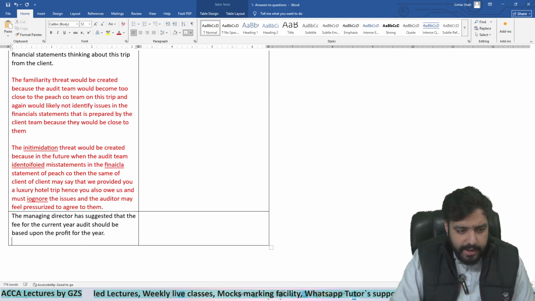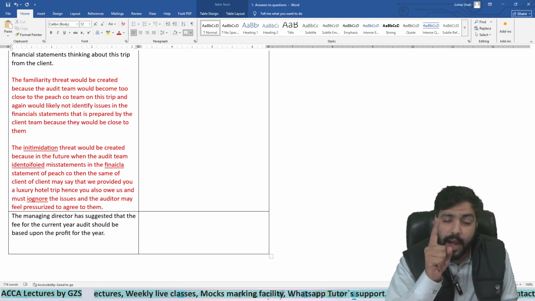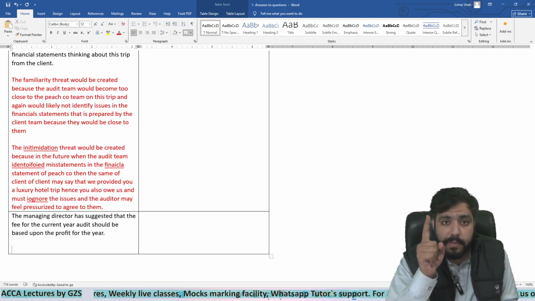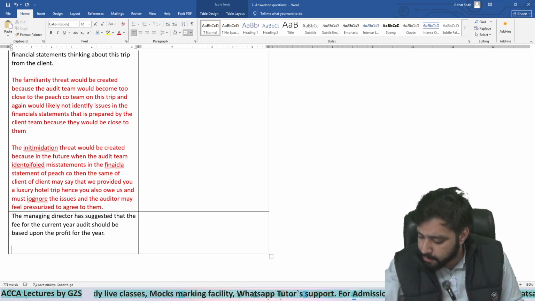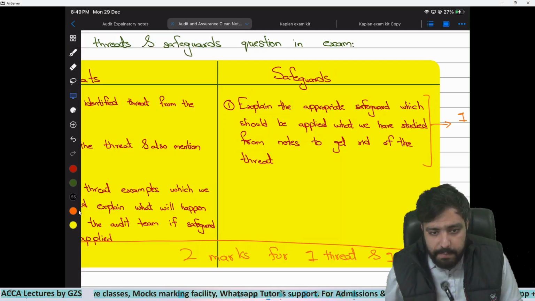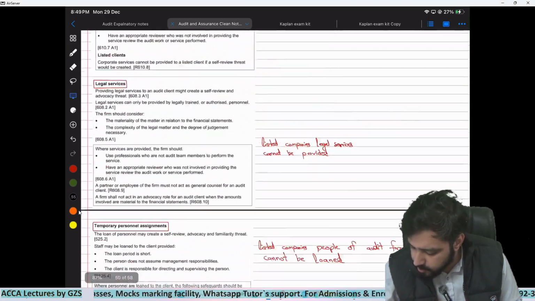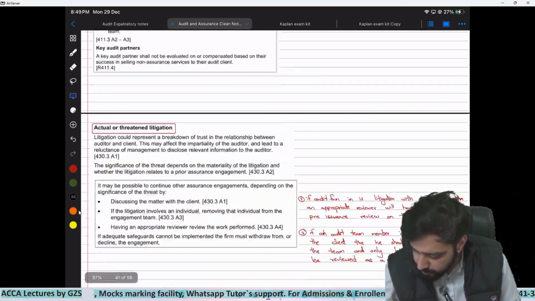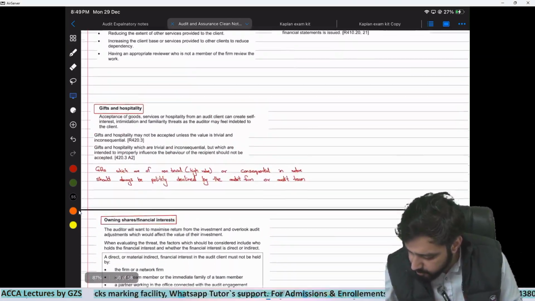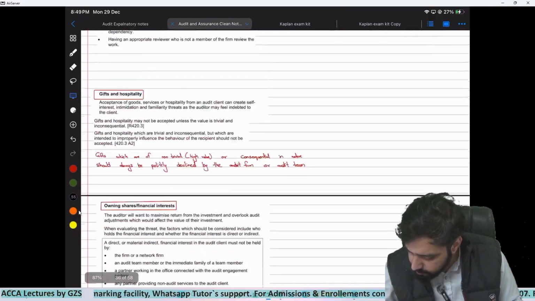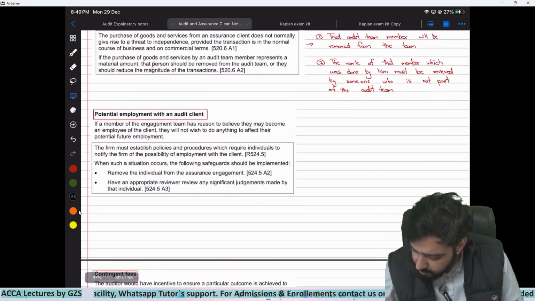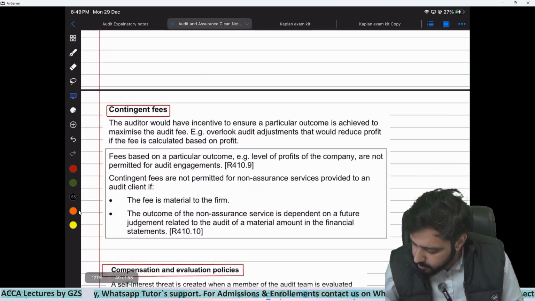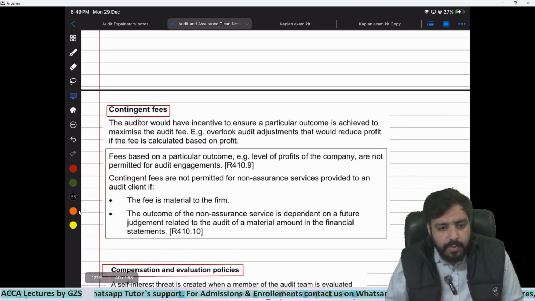Now, the threat that arises because of this is only one, that is self-interest threat, because this is what type of example? Let me go towards the example first of all for you. This was the example which we studied within self-interest threat, contingent fees, this one. This is the example that it is linked with.